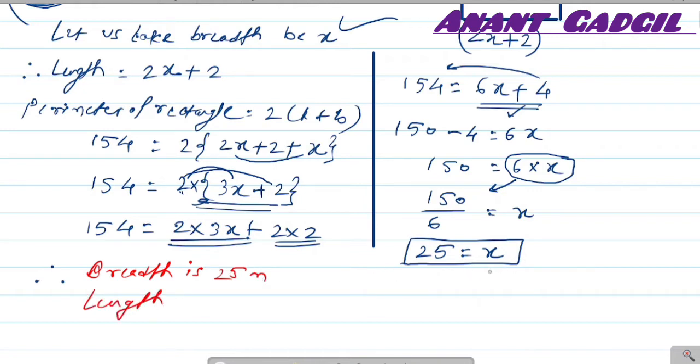It was 2 more than twice. So multiply it by 2 first, it becomes 50 and then you add 2. Length is 52 meters. I hope you have understood the question.